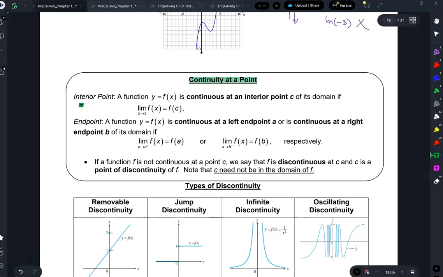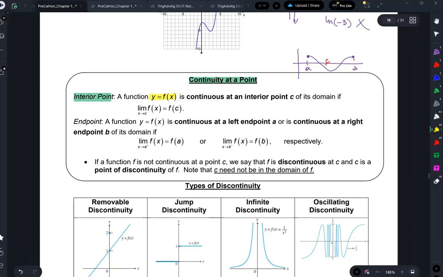So let's talk about an interior point and an endpoint, okay? Suppose you have a function like this. It starts at A, it goes to B, okay? And if you have a point C here that is on the interior of this domain, that's called an interior point.